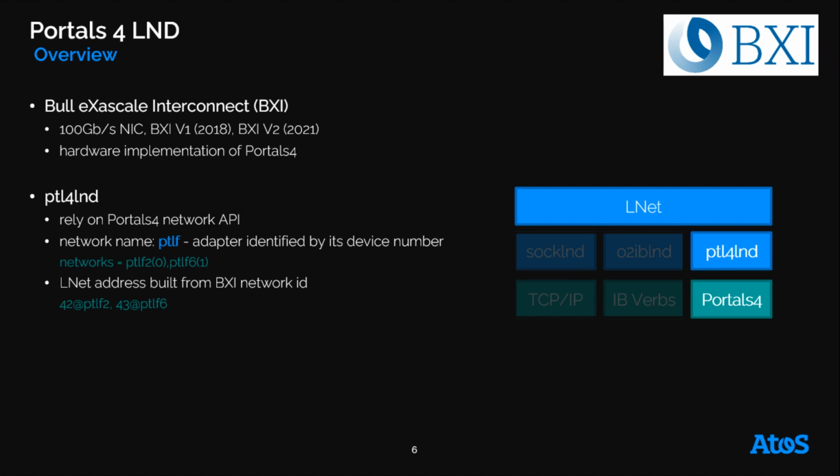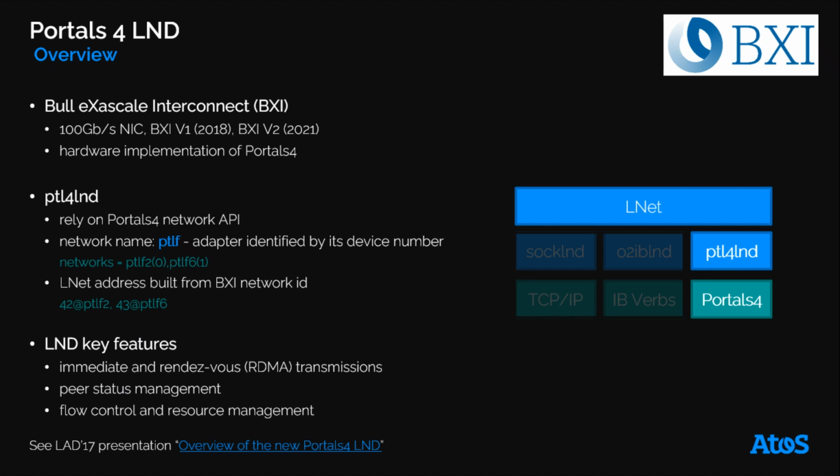As a result, the node has 42@PTLF2 and 43@PTLF6 LNet addresses. The Portals 4 LND supports immediate and RDMA transmissions, peer state management, and flow control with transmission credits.